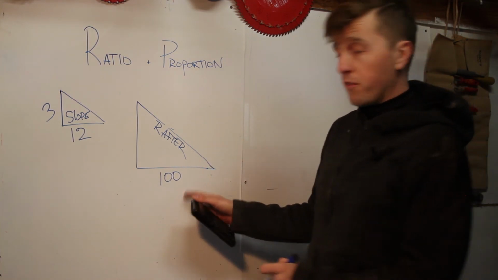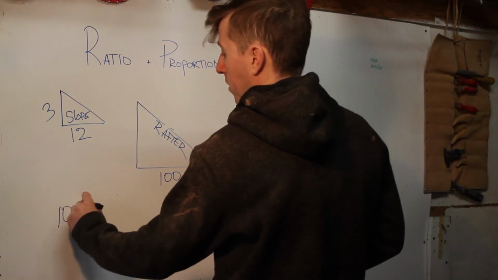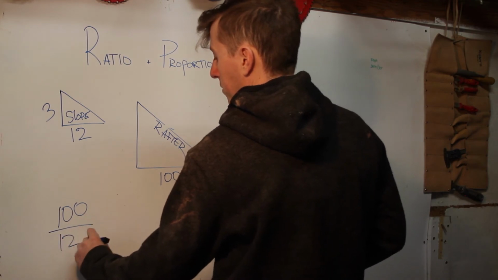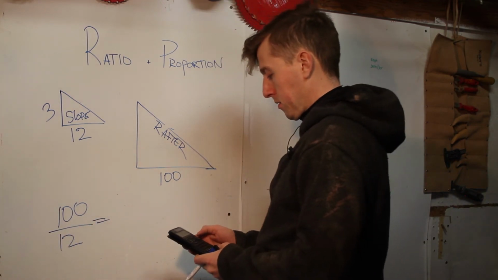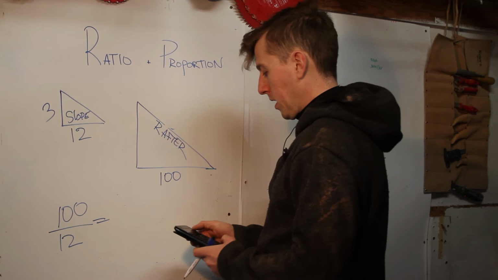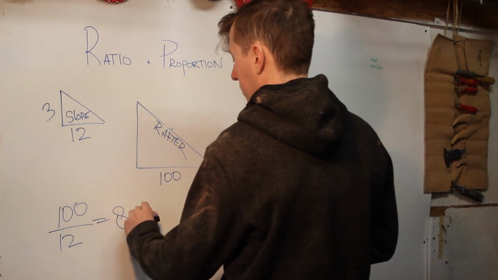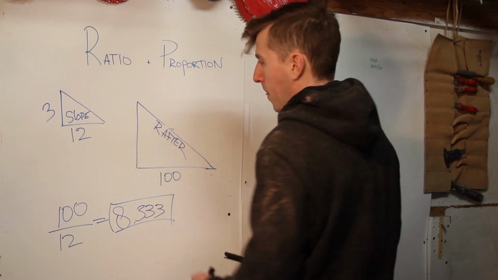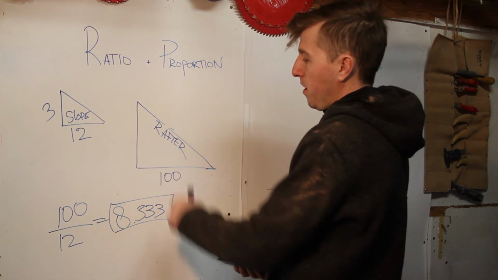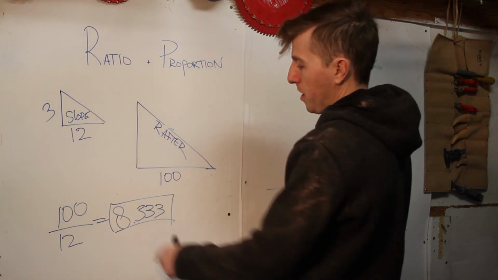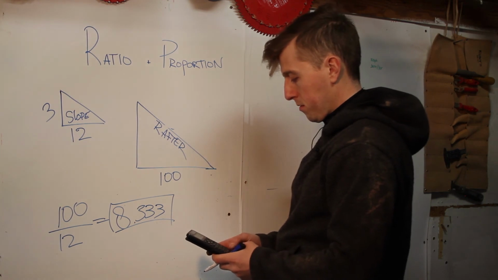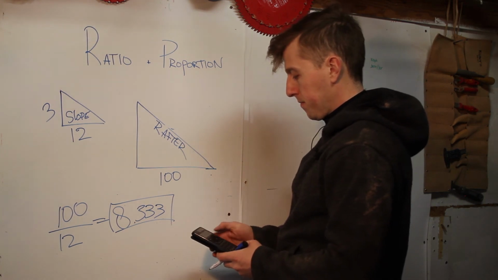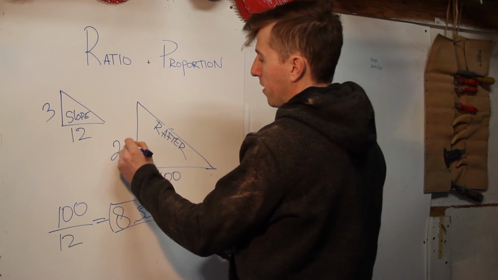So we'll take the bigger number first, 100 divided by 12 equals 8.3 repeating. That's our ratio. So if I want to find the rise here, I will take 3 times 8.333. That's 24.999.